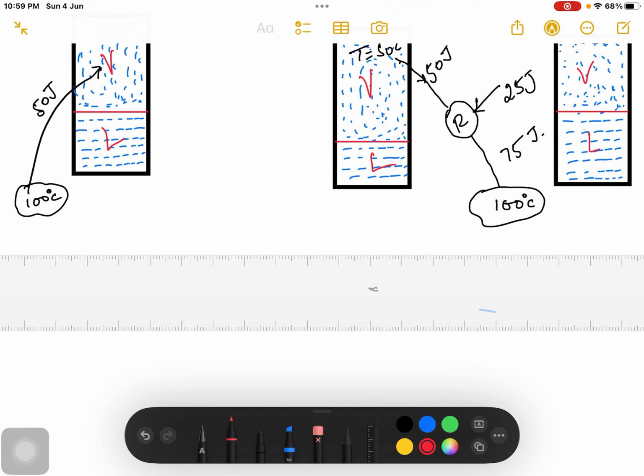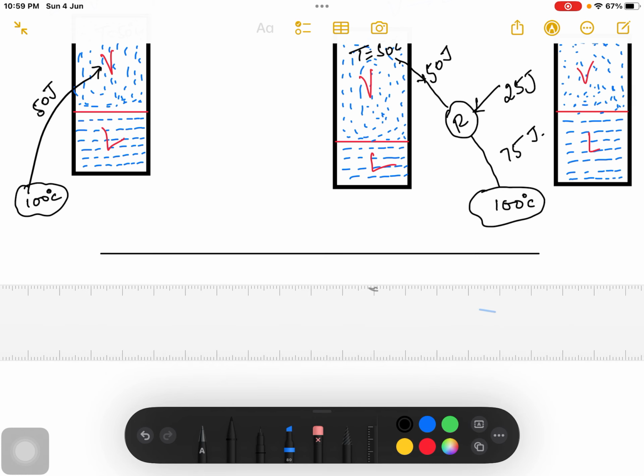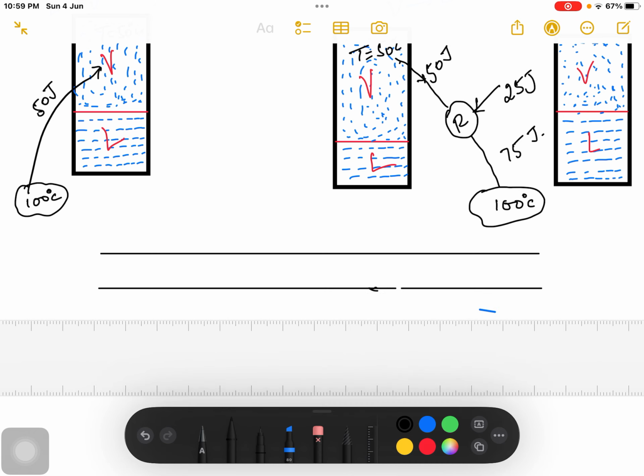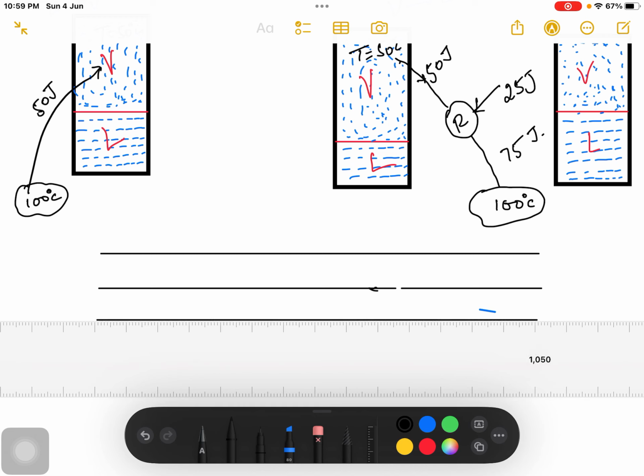So what is happening in the surrounding, if you observe carefully?